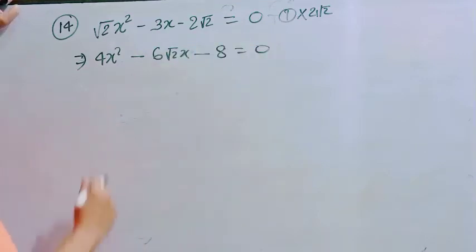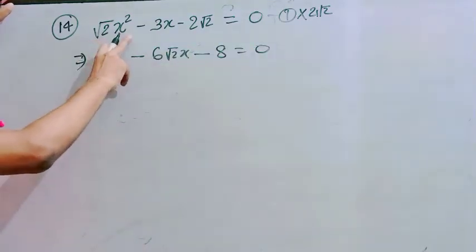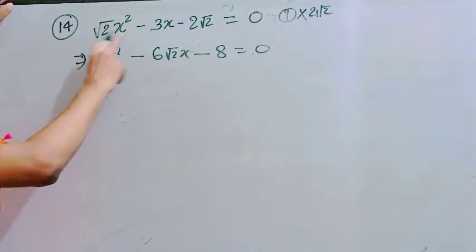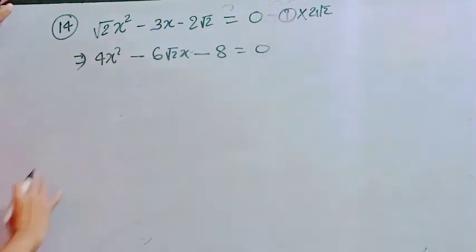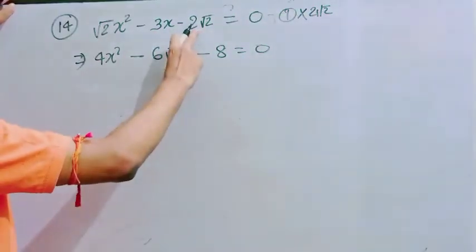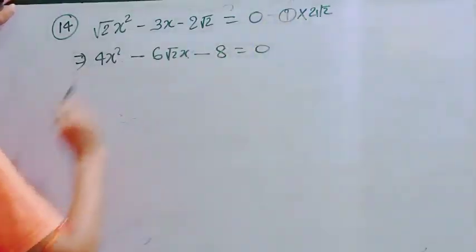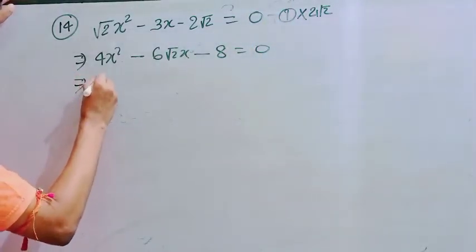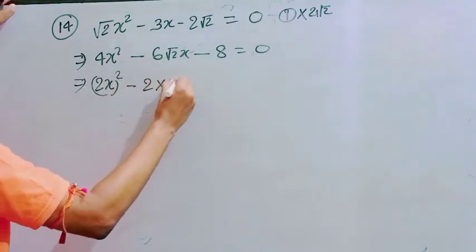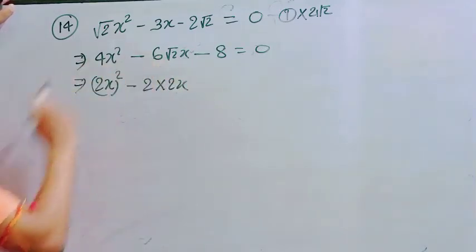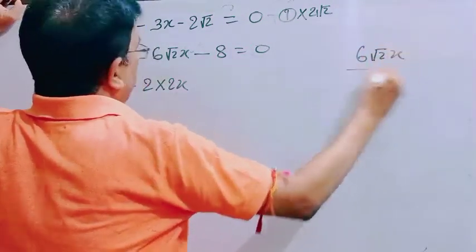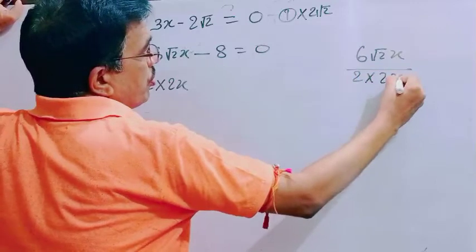That is it. Dear student, here is root 2 x square. So what number do you multiply by to get a square number? It is clear, you multiply by 2 root 2, then you get 4x square. And 3x multiplied by 2 root 2, you get 6 root 2 x. And when 2 root 2 is multiplied by 2 root 2, then it is 8. So here is a square, that is 2x square, minus 2 into what number you multiply to get 6 root 2 x, divided by 2 into 2x.